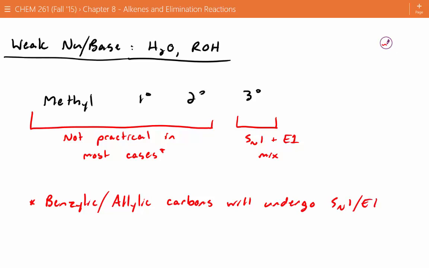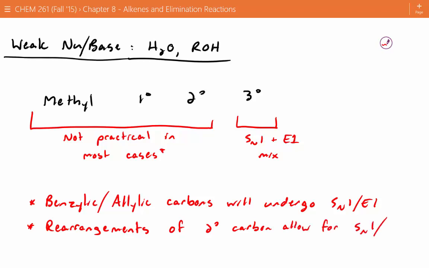That's one case. What's another case? Yeah, rearrangements. Rearrangements of a secondary carbon allow for SN1 or E1.